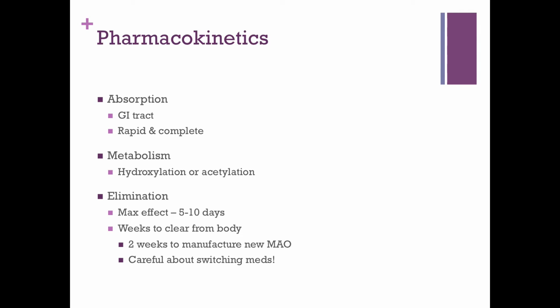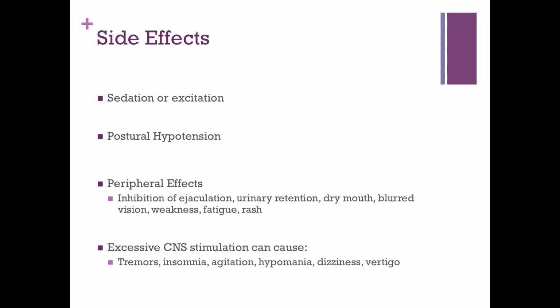It takes weeks to clear from the body. And also remember, it takes 2 to 3 weeks for new enzymes and proteins, because enzymes are proteins, to be manufactured. So if you put that person on a medication that grossly changes the amount of serotonin in their body or the amount of norepinephrine in their body, you can cause really deadly, toxic, dangerous things to happen. So please keep that in mind. That's dangerous.